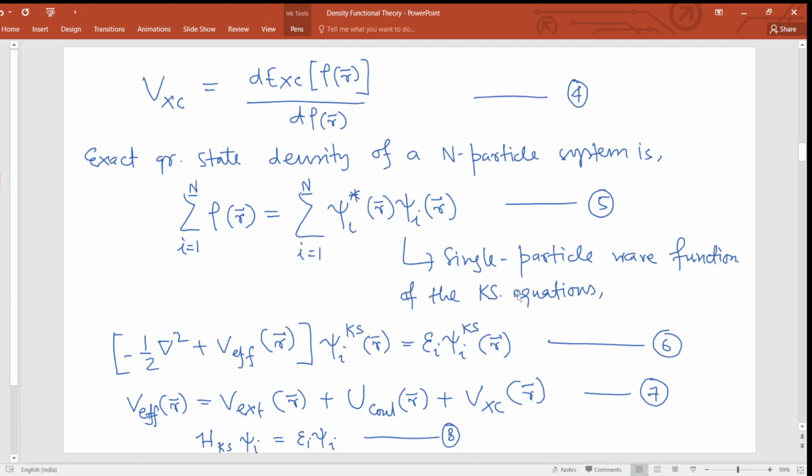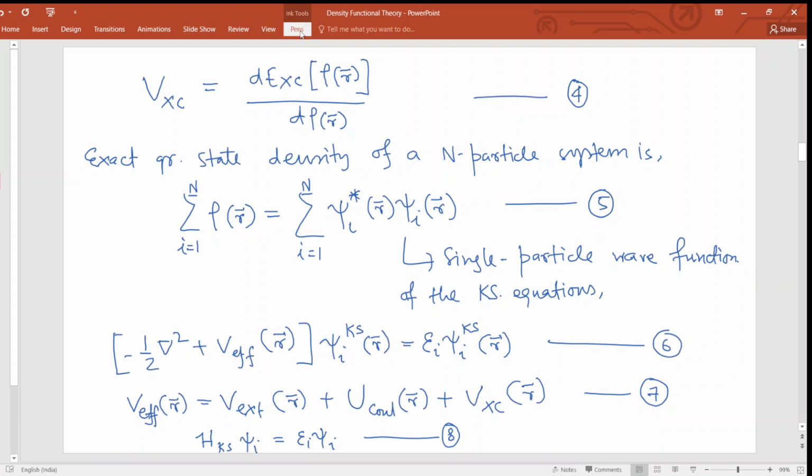These individual single particle wave functions have to satisfy this equation, that is the Schrodinger equation, minus half del square plus V effective of r, psi_i^KS of r equals epsilon_i psi_i^KS. So these are also called quantum wave functions.